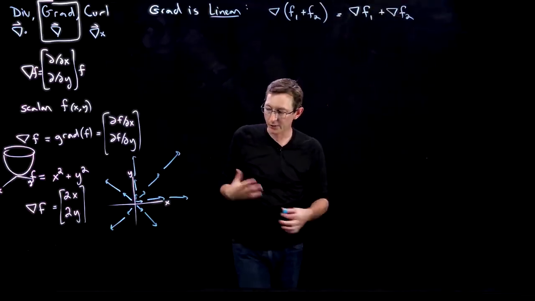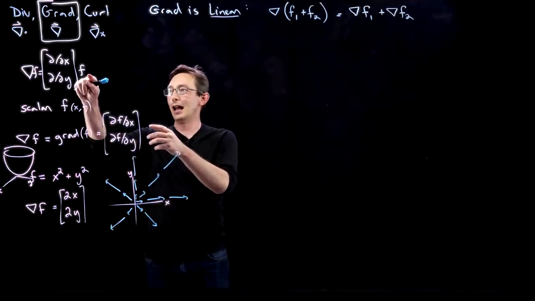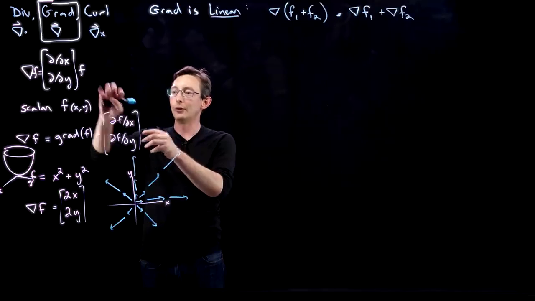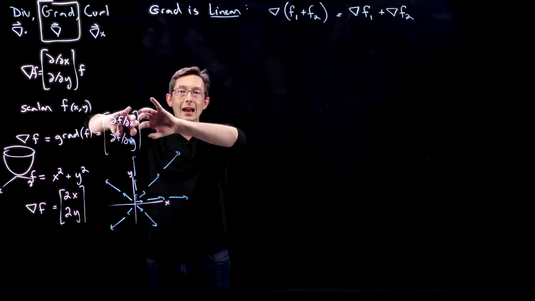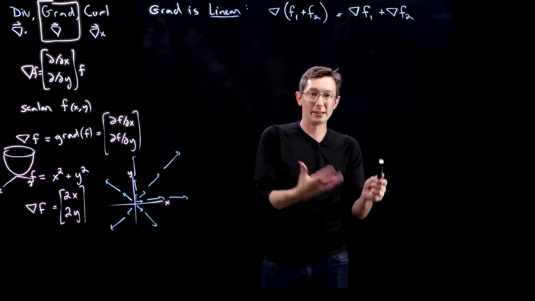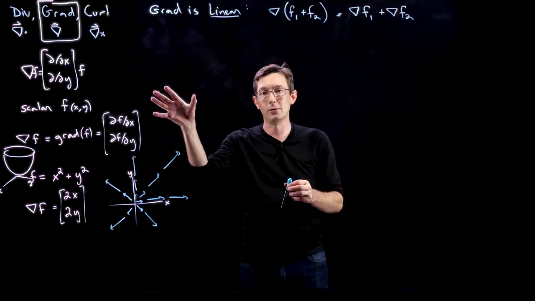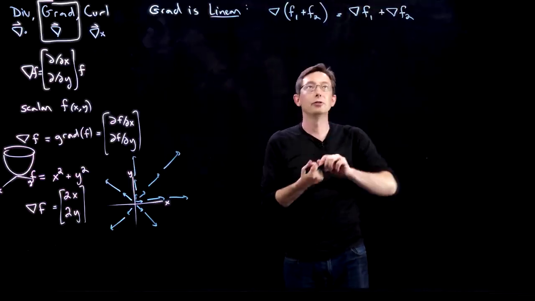And you can convince yourself that this is true because if I had f1 plus f2, I would take the partial of the sum of them in both rows. And the partial derivative is a linear operator. So partial of f1 plus f2 is partial of f1 plus partial of f2. So you can verify that this is true.